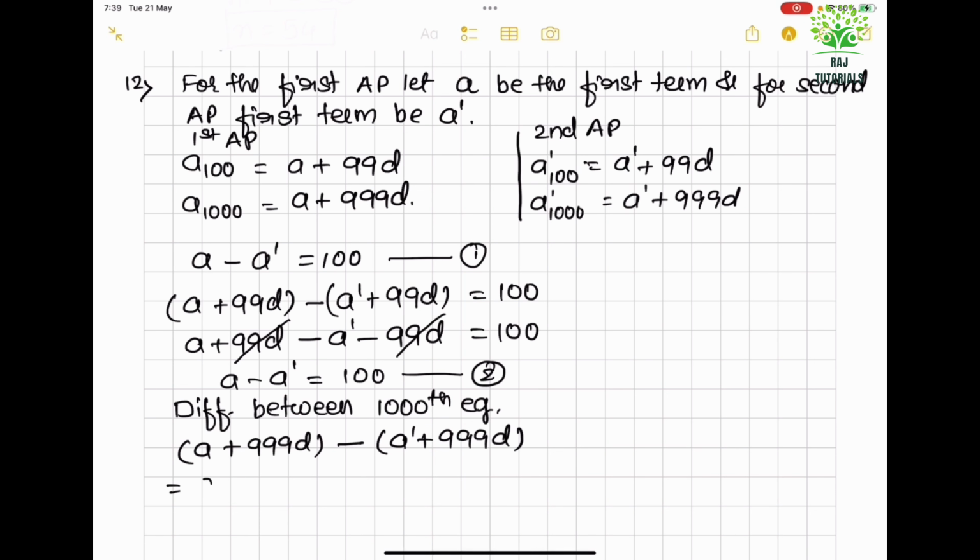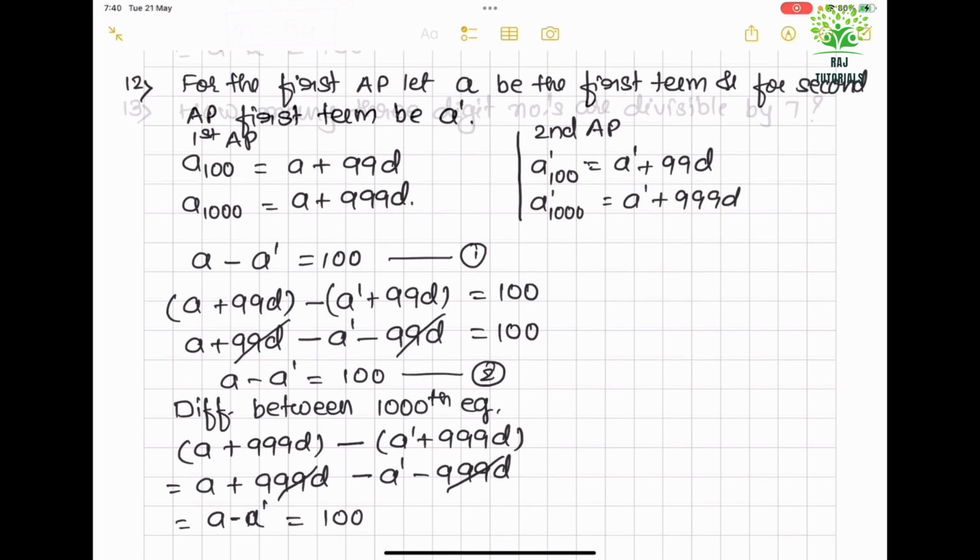So that will be equal to A plus 999D minus A dash minus 999D. So again this got cancelled. So A minus A dash, that will be equal to 100. So the difference between their 1000th terms will be 100.